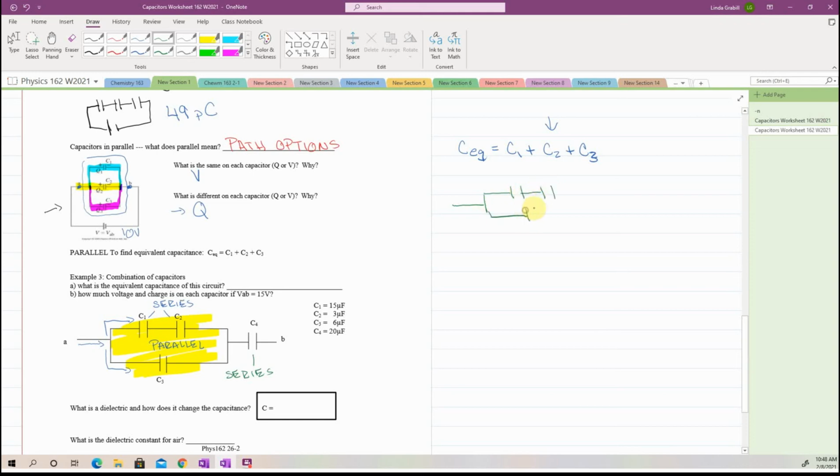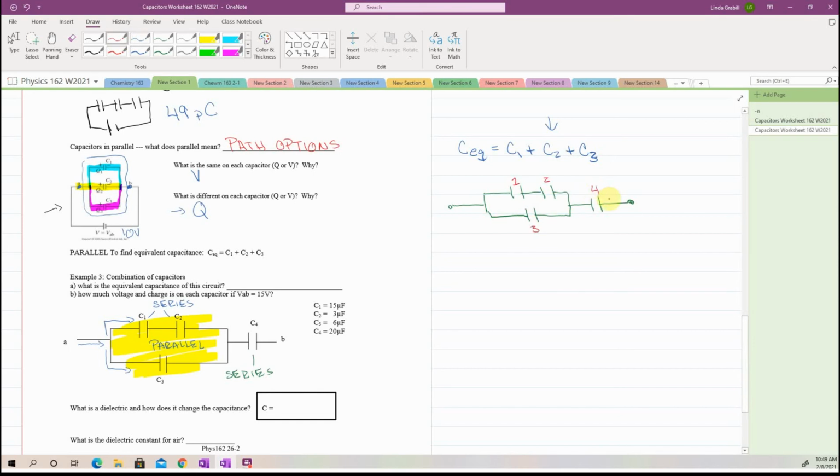And just like what I've been doing before when I was labeling charges, we're going to label our capacitors. So this is going out back to the battery, so A, B. And let's be consistent with the drawing. So I'll call this 1, this 2, this 3, and this 4.